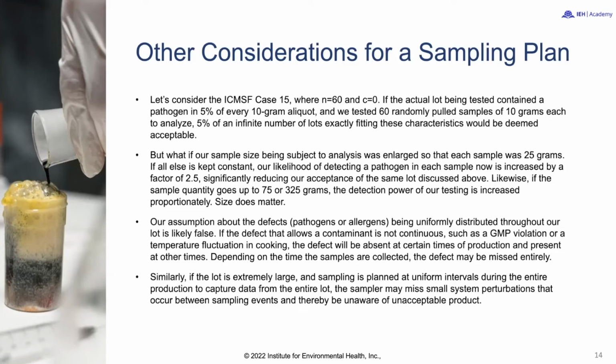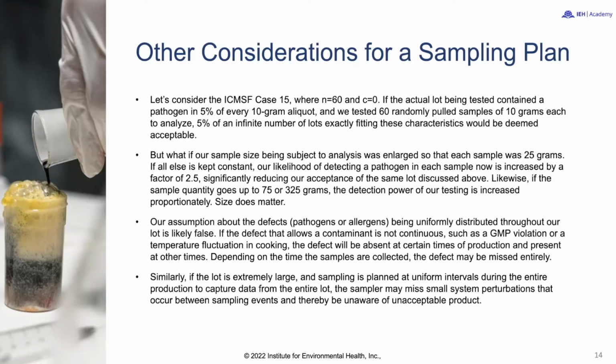Well, Don was talking about sample weight as well. So if you keep everything else the same, but you do actually increase your sample weight, let's say you go from 10 grams to 25 grams, I hope that makes sense to you that the likelihood of detecting a pathogen goes up if you keep the sample number the same, n equals 60 or n equals whatever number you want to pick, but your actual sample size goes up.